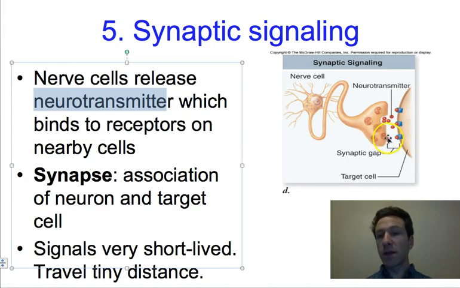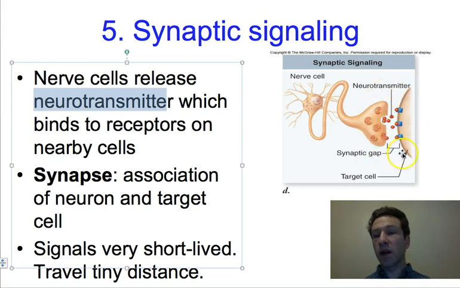To do this, a ligand is released, but because these two cells are permanently very close to one another, the signal does not have to go very far, just across this short gap. And this neighboring cell has receptors that are set up to be in the right location to be very near the original nerve cell. So the signal can be received, and then the signal can be acted upon either by the nerve or the muscle.